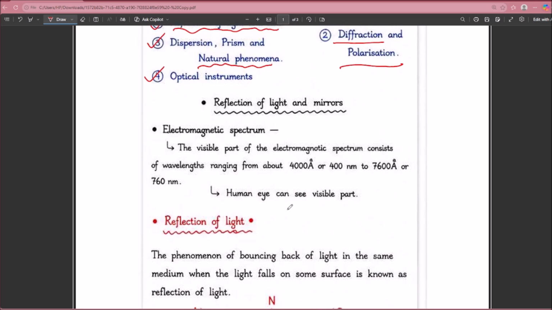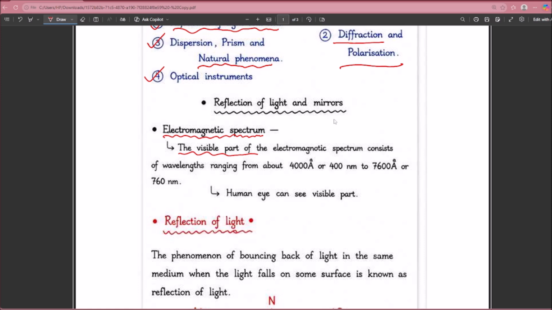So first we will know what is light. As we know that the electromagnetic spectrum contains different types of waves, and the visible part of the electromagnetic spectrum consists of wavelength ranging from 4000 angstrom or 400 nanometer to 7600 angstrom or 760 nanometer.